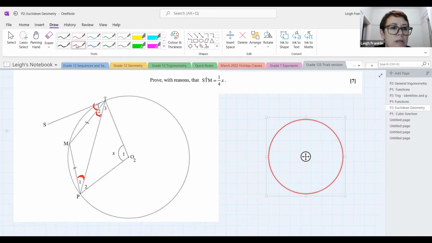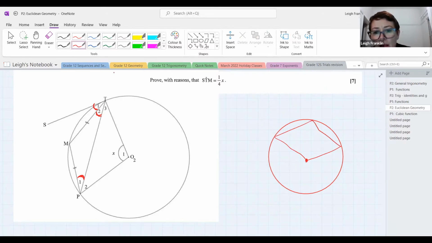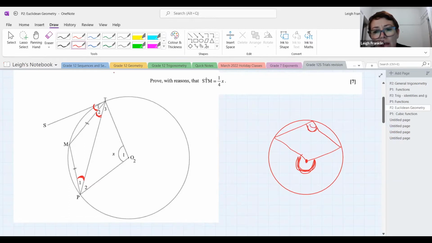So now we need a center. If we have a line here and a line there, here is the angle at the center, and it is 2 times the angle at the circumference.